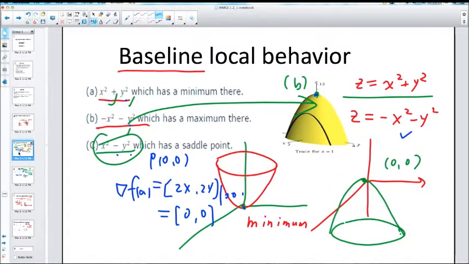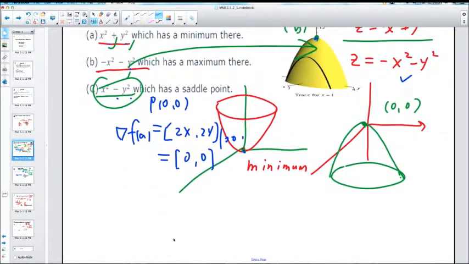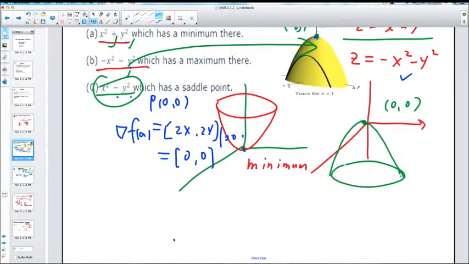In the first case, let me extend the page. For case A, the gradient is going to be 2x, 2y.